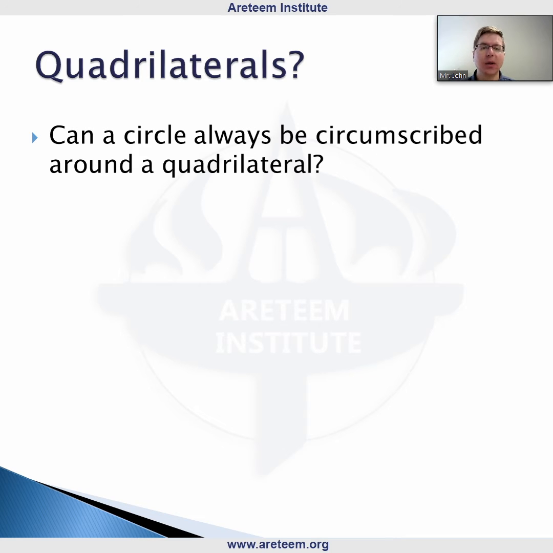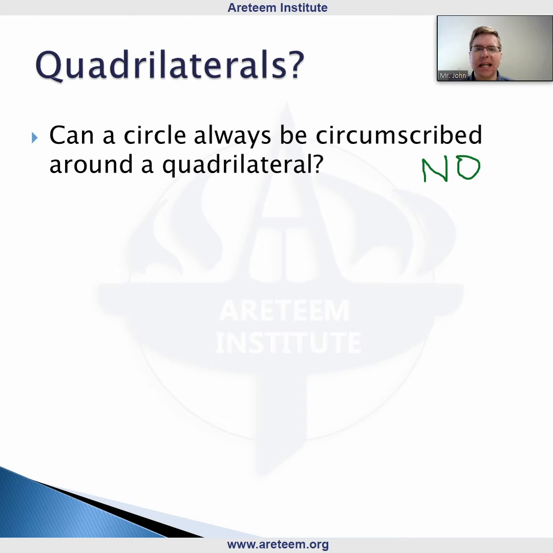So if instead we have a quadrilateral, can you always draw a circle around it? Now, if you think about it a little bit, try to picture it, the answer is fairly clearly going to be no. But let's talk a little bit here about how we can think about that and make that into an obvious statement.